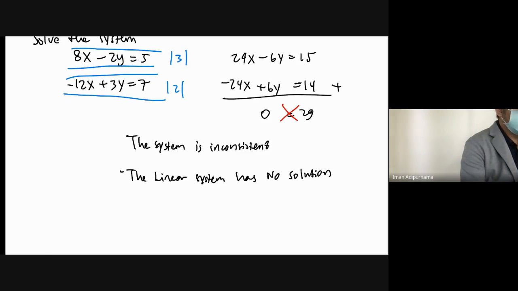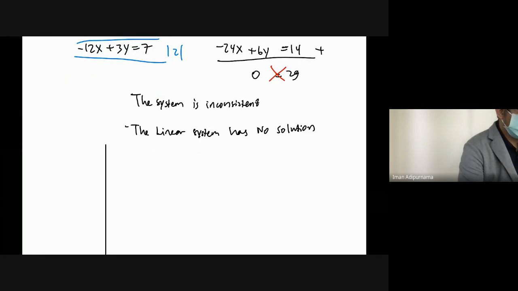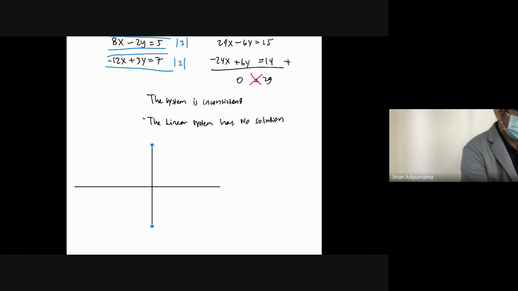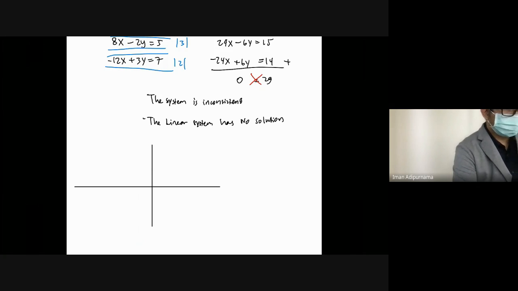When we think also, if you want to look at how the system is, this will be 8x minus 2y equal 5.